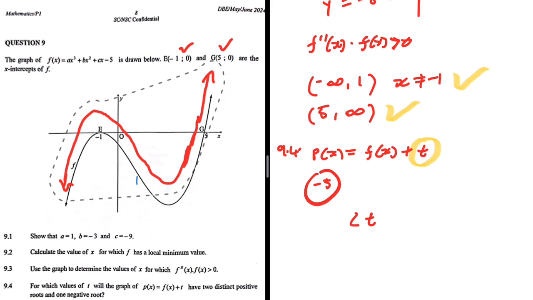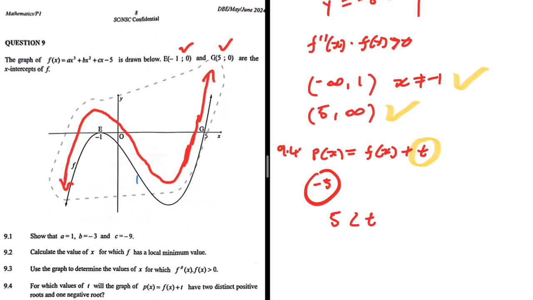So we need t to be greater than 5. If t is equal to 5, then we have one negative, one at 0, and one positive. And we want one negative and two positive distinct roots. So we need t to be slightly greater than 5.